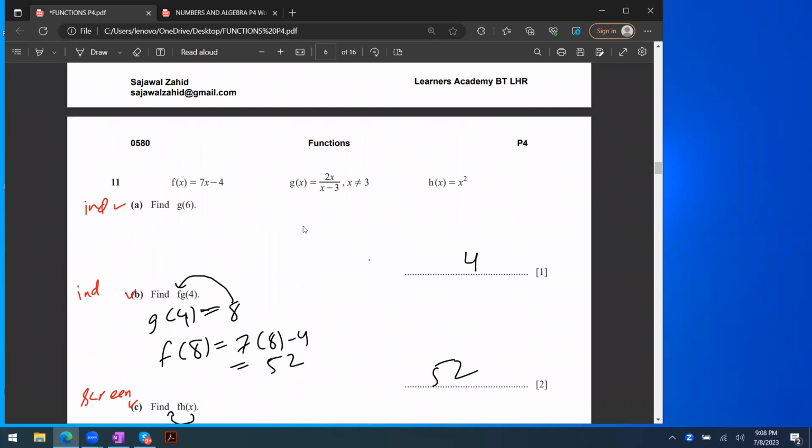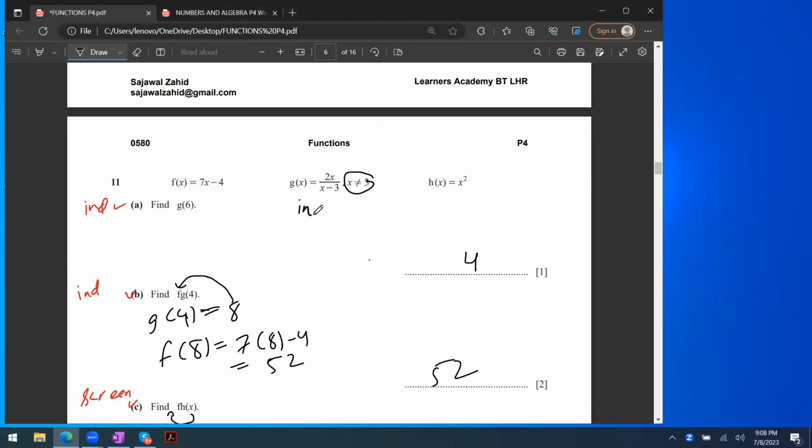Anyone have confusion about this part? Why do they write x not equal to 3? Can anyone tell me? Shabaz, Shahan, Aisha? Because if x is equal to 3, then it will be 3 minus 3 and it will be infinity. Yes, thank you.